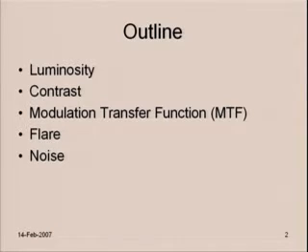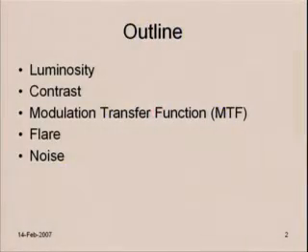Define contrast in terms of luminosity, and then the modulation transfer function is the way of describing what happens to contrast on the way to the sensor. And then I'll talk about one half of what happens to the modulation transfer function, which is flare. And then I'll try to motivate why we care about contrast at all by talking about noise.